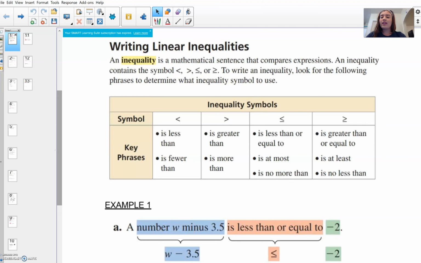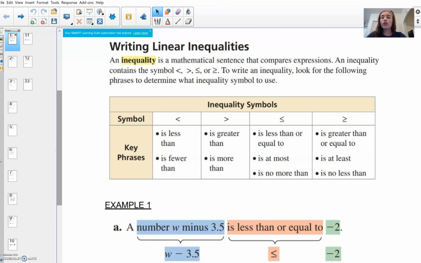Okay, so an inequality is a mathematical sentence that compares expressions. So an inequality contains the symbols less than, greater than, less than or equal to, greater than or equal to. To write an inequality, look for the following phrases to determine what inequality symbol to use.